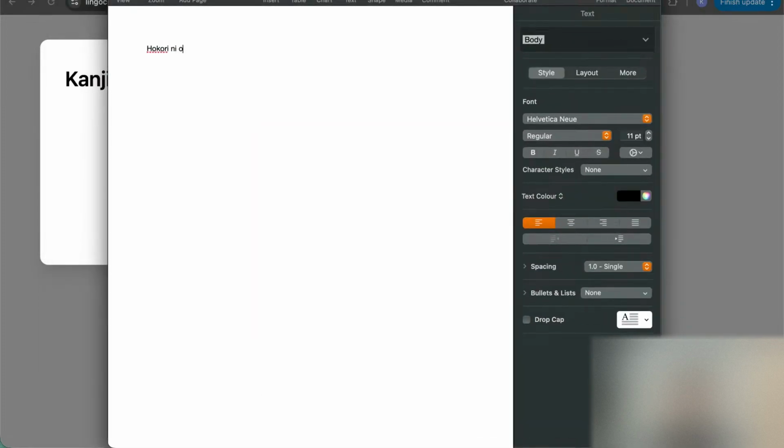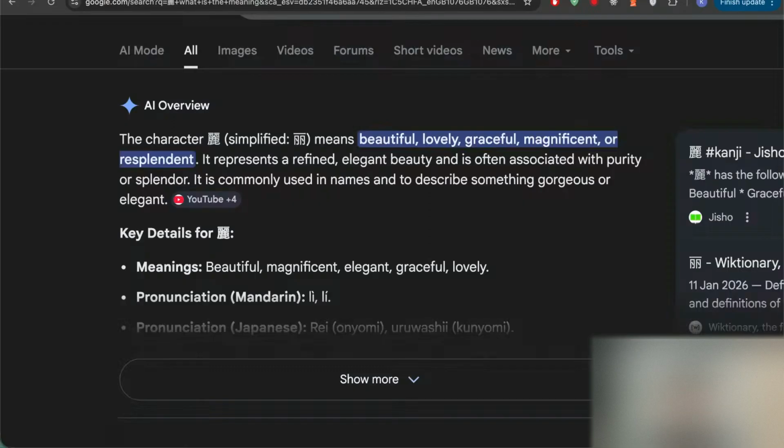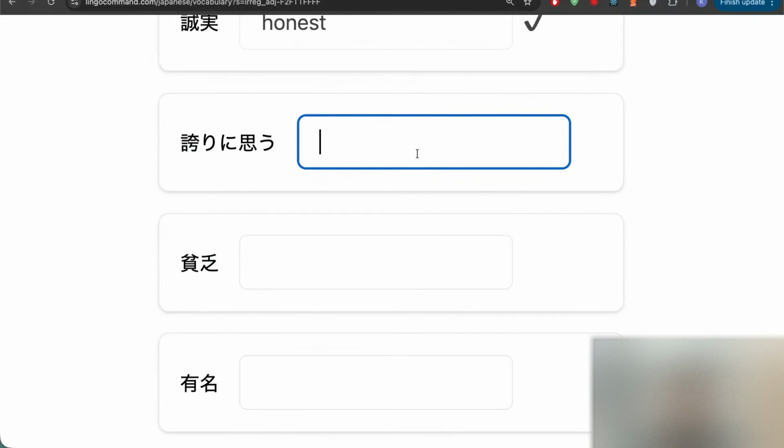Hokori ni omou has different hiragana, katakana, and kanji text in furigana breakdown and in the quiz. Check words for consistency. In any case, if we go back to our quiz here, this quite clearly is hokori ni omo, so it's proud.